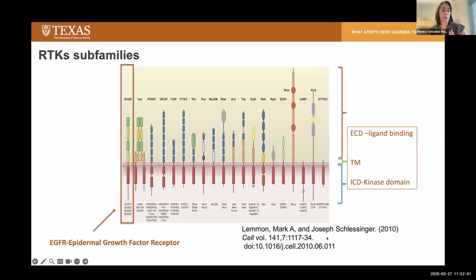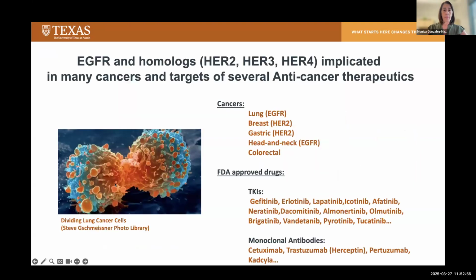In humans, we have 20 different subfamilies of these receptors, and today I'm going to focus on the EGFR family, which has 4 homologs. These homologs are all implicated in many cancers when they are dysregulated or mutated.